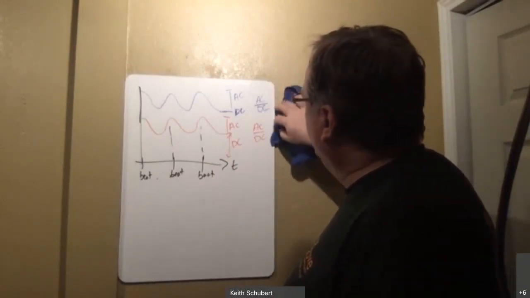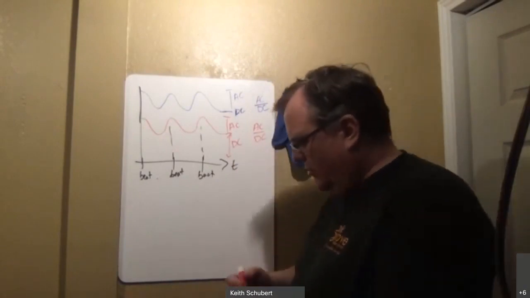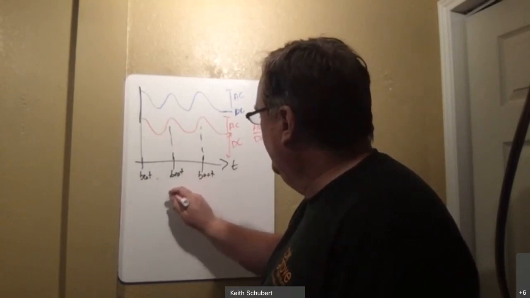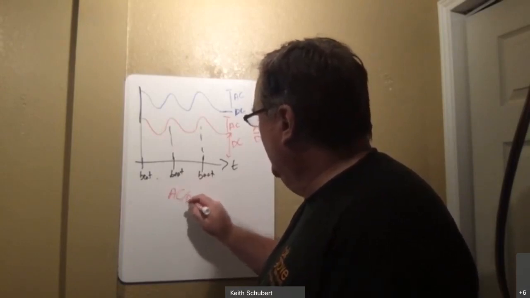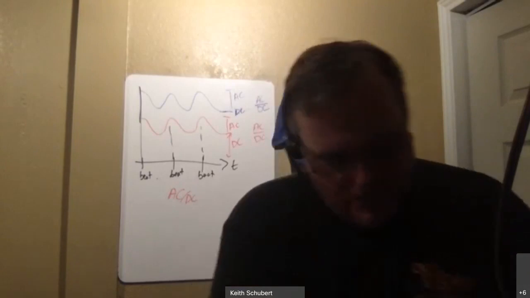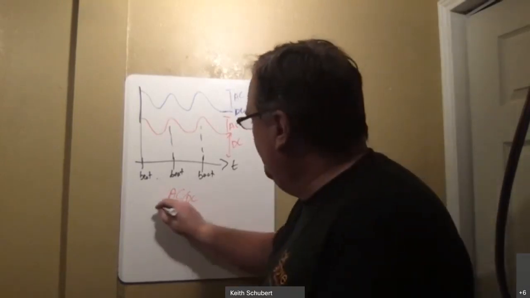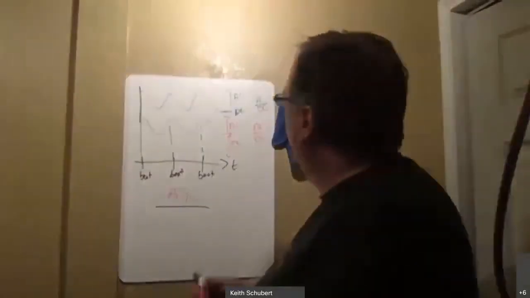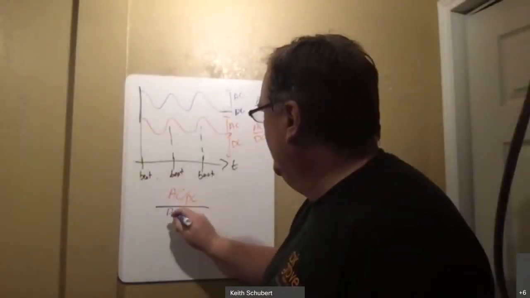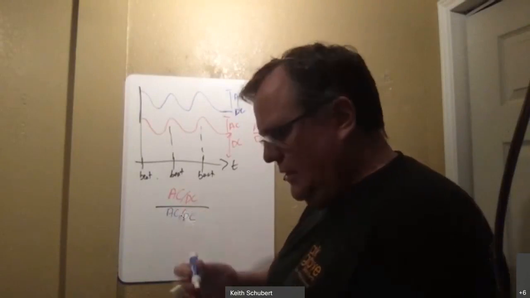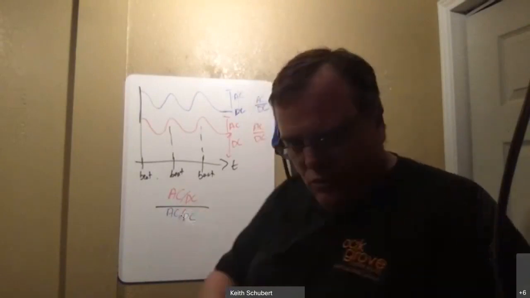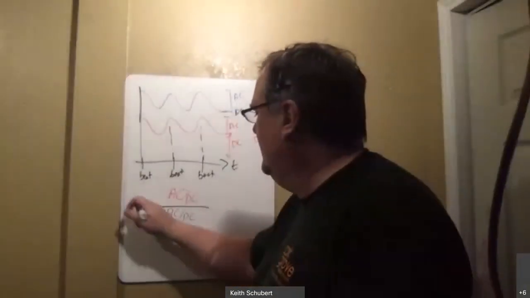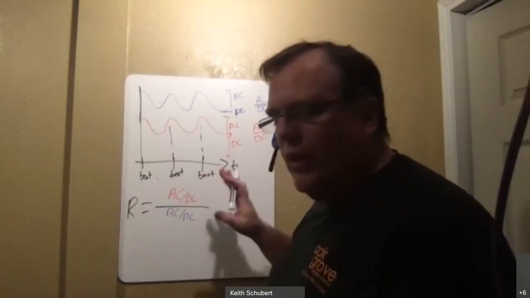So if I've now got these values that are ratios, and I take the red one and divide it by the blue one's ratio, this is what we call R. R just means ratio.